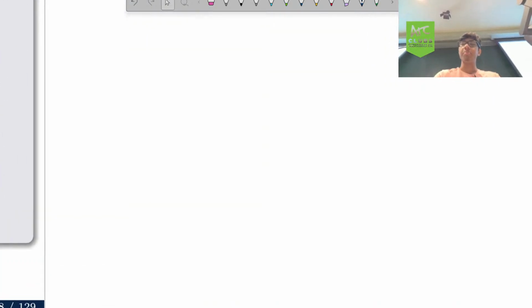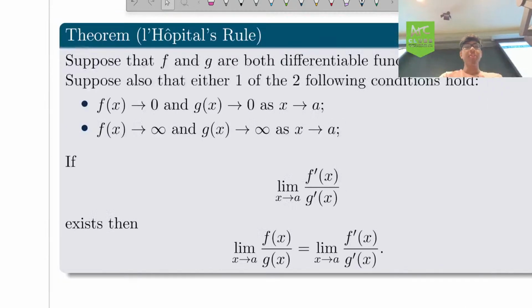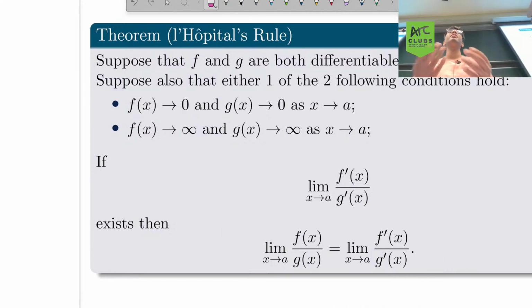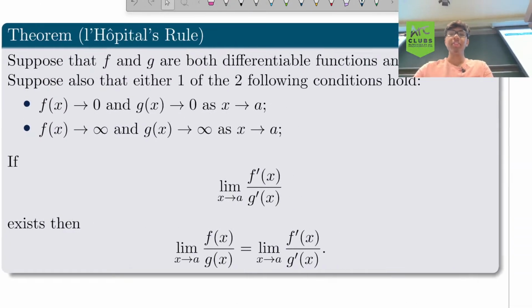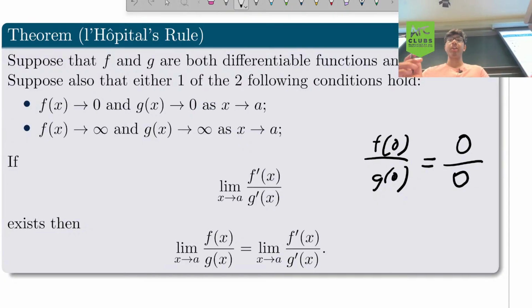Well, let's look at an example here. Oh, one thing I should mention. This is actually only true if we have what we call an indeterminate form. It only works if, when I just plug in and find f of a on g of a, this is equal to 0 on 0 when I plug them straight in.